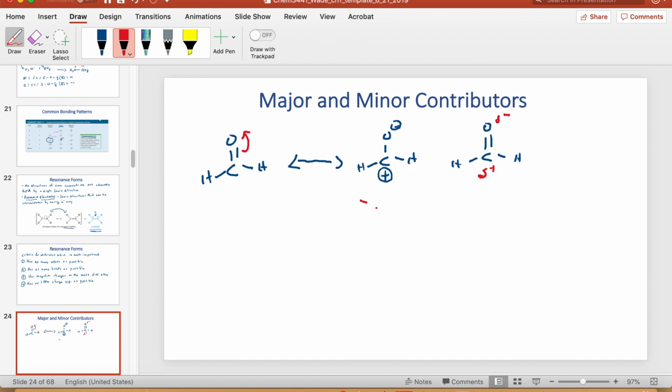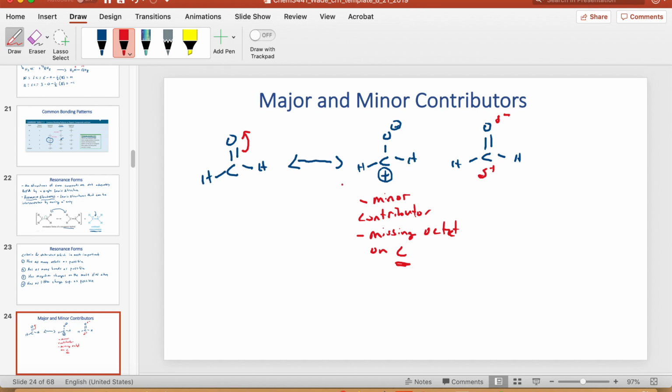However, this one, you should note, is a minor contributor to this, because in this case we're missing octet on carbon. Right, because that carbon has a plus charge.